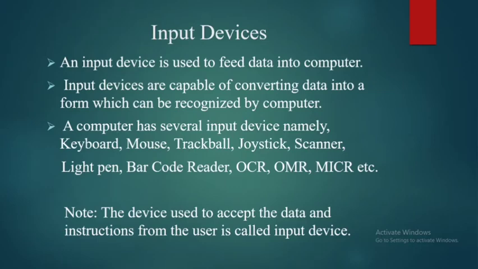If they have asked in examinations like name any two input devices or output devices, so you can name any of these: keyboard, mouse, trackball, joystick, scanner, light pen, barcode reader, OCR, OMR, and MICR are the examples for input devices.